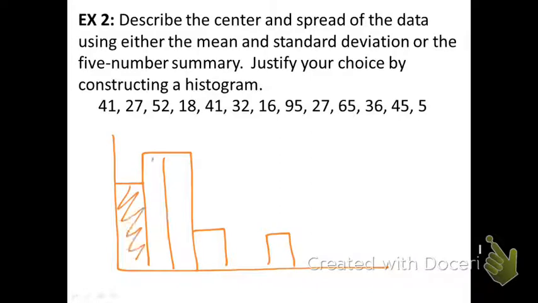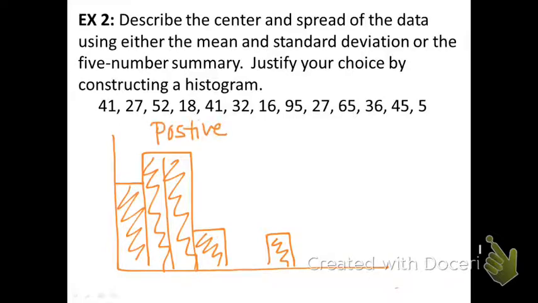As we look at this, we would say that this is not symmetric, that it is skewed, and we would actually specifically say it is positively skewed. And because it's positively skewed, then you need to find the 5-number summary.